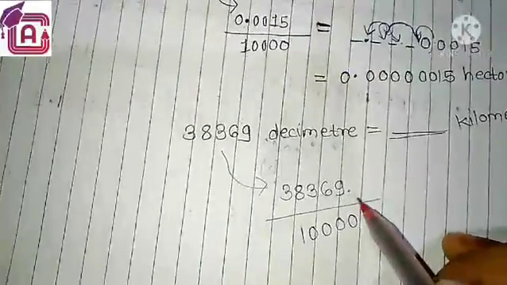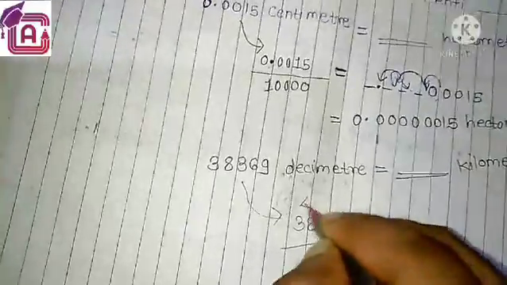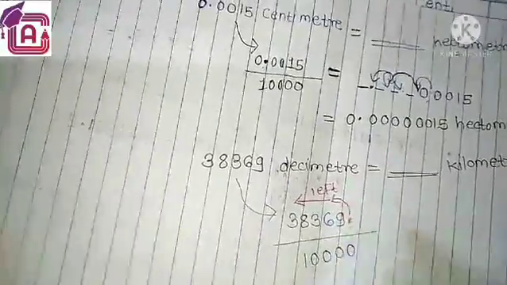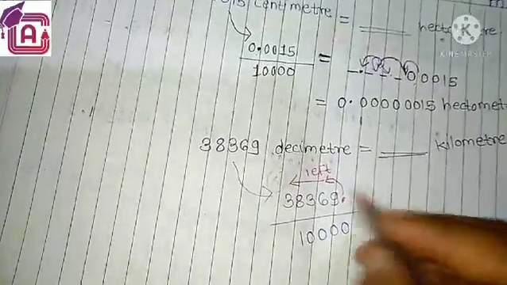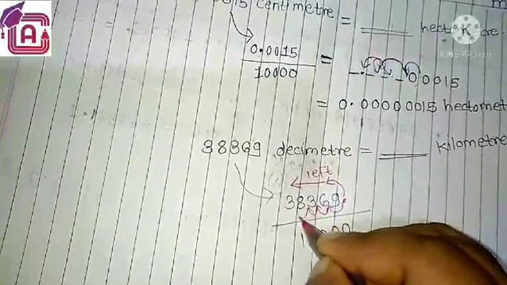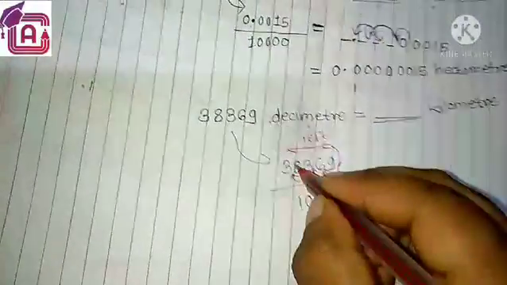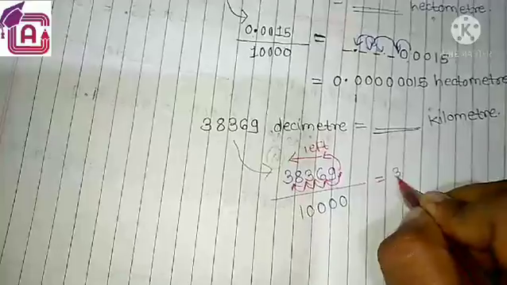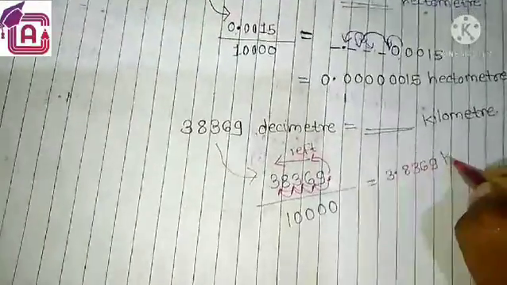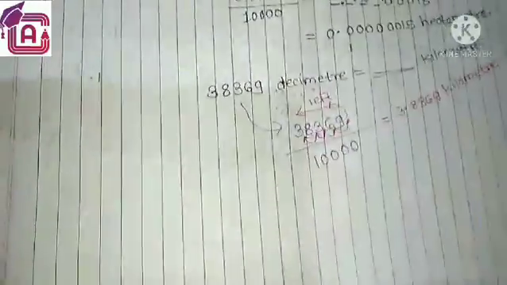So we have to shift this decimal point 4 places towards the left. 1, 2, 3, 4 places. So after this 8, we get 3.8369 kilometer. So this is our answer.